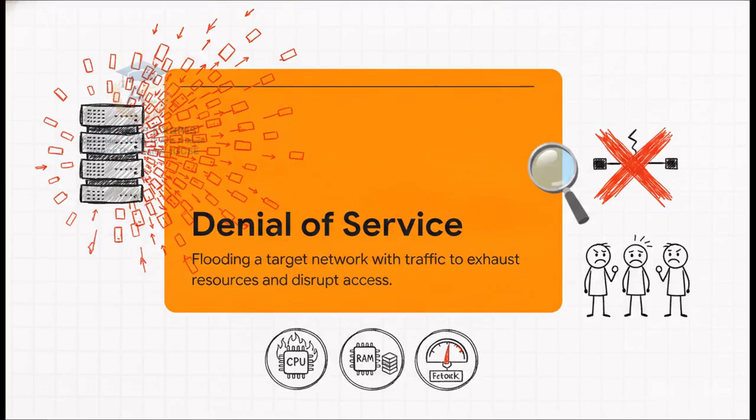You have to ask yourself, is it bandwidth consumption? Is it CPU overload? Is it memory exhaustion on the server side? When you write your answer, you need to clearly state that the legitimate users are denied access because the server's processing capacity is entirely consumed by handling these malicious, artificial requests. That specific technical distinction is exactly where those sweet method marks are hiding.